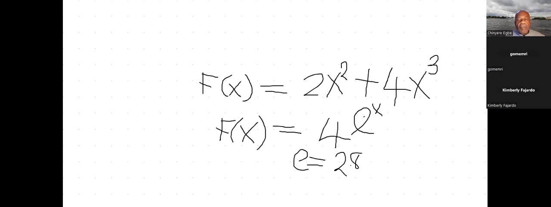It's a fixed number, but you raise it to the power x. So this is what is called an exponential function. It has a fixed value.